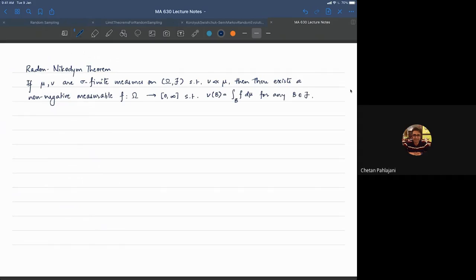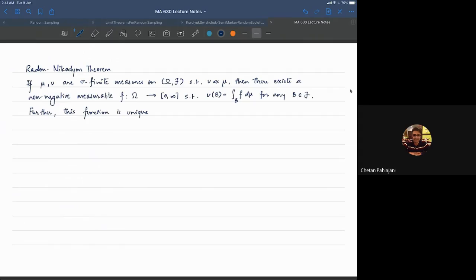Further, I claim that this function is unique in the following sense. Now again, by the way, if you come into this with your BSc mindset, this function is not unique. But now you're thinking of your MSc or PhD mindset, where you have learned measure theory.